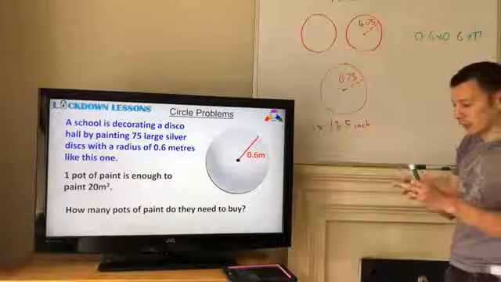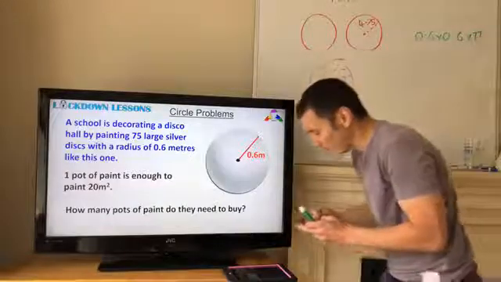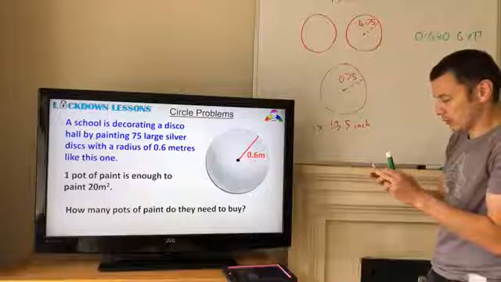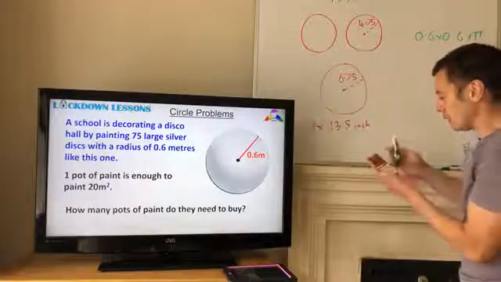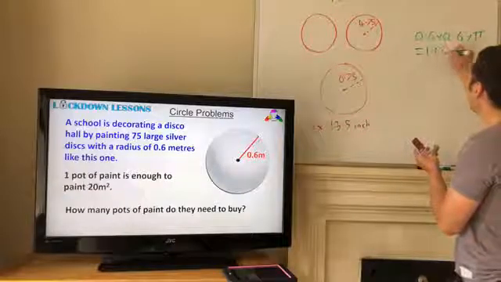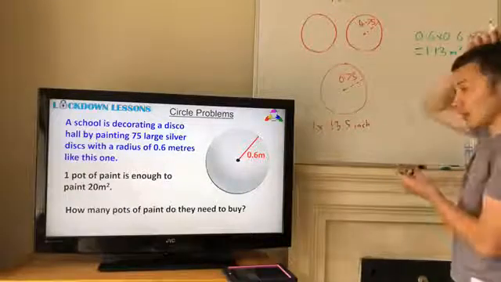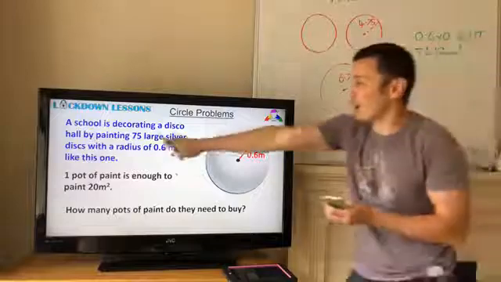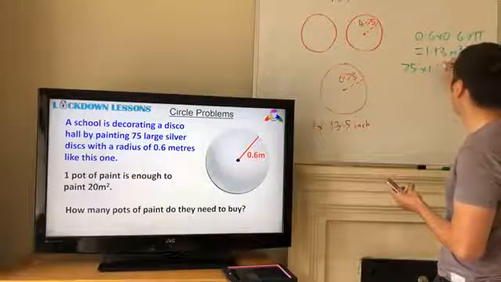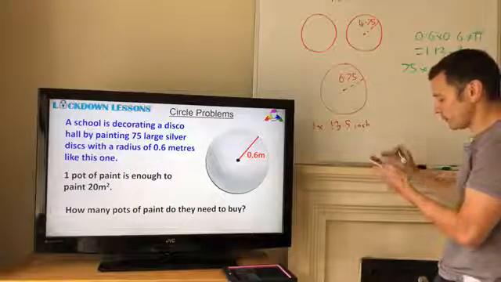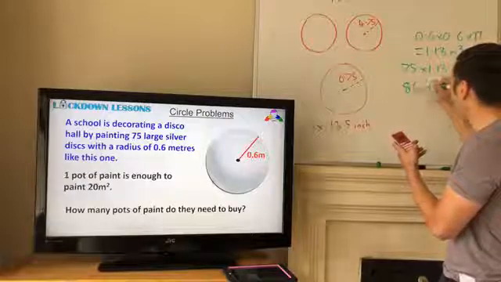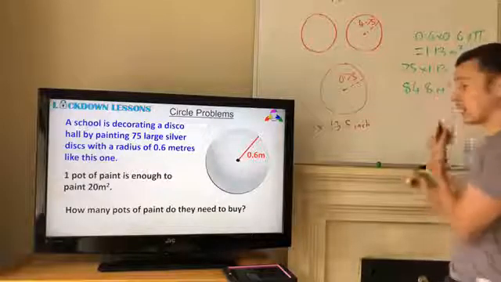Okay, so 0.6 times 0.6 times 3.142 gives me 1.13 square metres. Okay, now I have 75 of those. So it's going to be 75 times 1.13, which gives me 84.8 square metres I need.